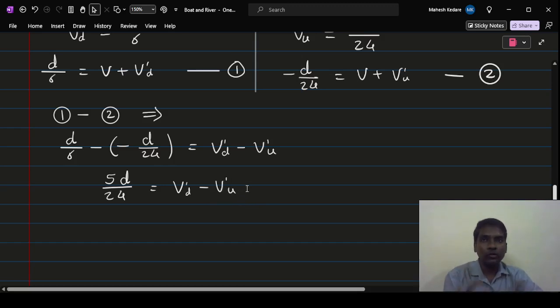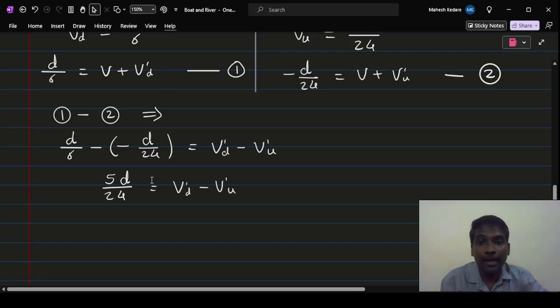I told you that this relative speed of the boat depends upon engine power. It doesn't depend upon how fast river is flowing. However fast river may flow, the speed of boat on river or relative to river is determined by engine power, and we are assuming that the engine power is same in both the cases when the boat is traveling in the direction of river flow, that is downstream, and when it is traveling in the opposite direction, which is upstream.